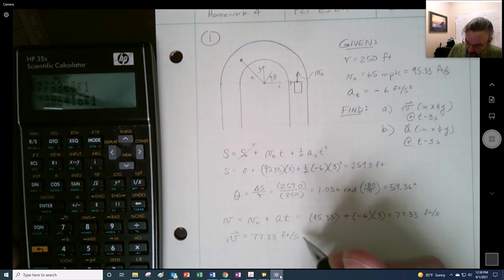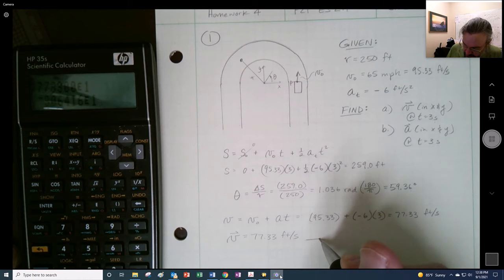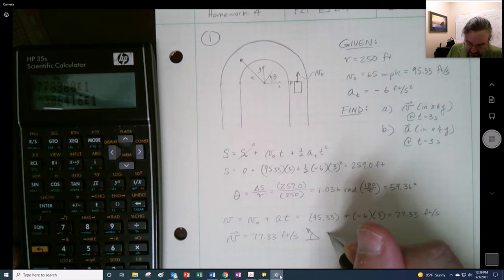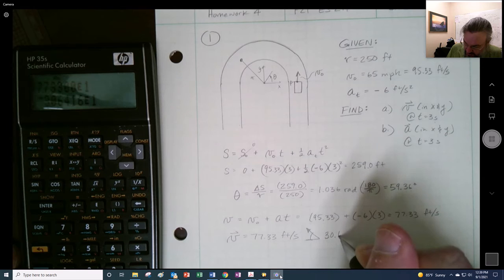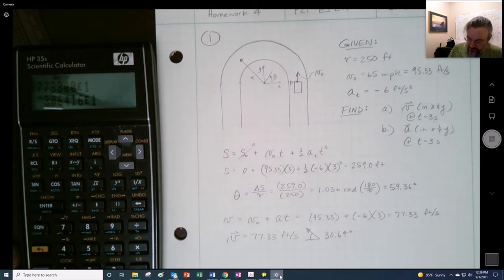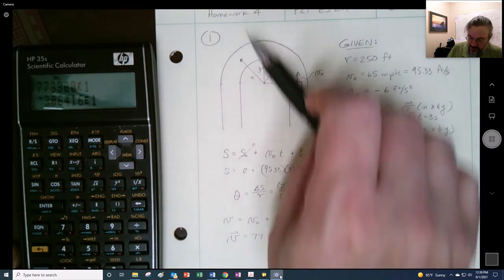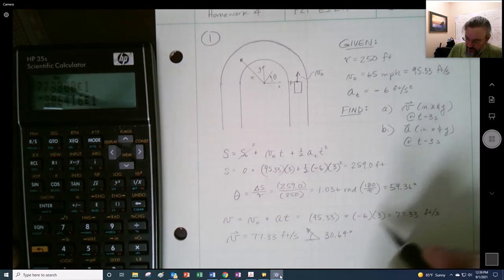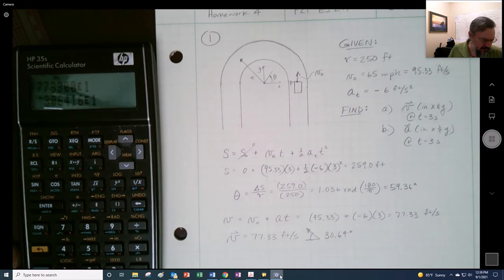I think so. That should be 30.64 degrees, because their position's here, but their velocity is going to be perpendicular to that position.